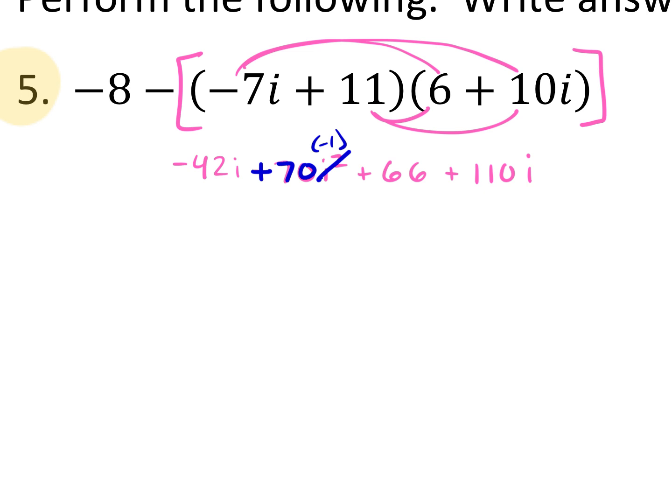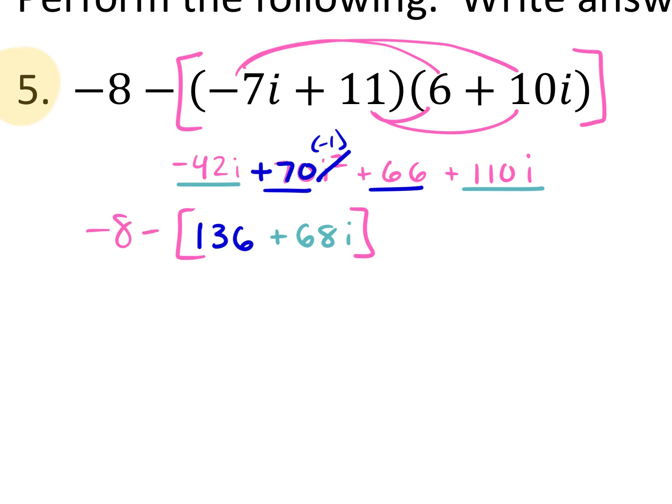What should we do next? Combine our like terms. We've got 70 plus 66 be 136. And then negative 42i plus 110i would be what? Awesome, 68i. So plus 68i. Now this is all still kind of in those extra parentheses that I added. We still have to distribute the negative to them.